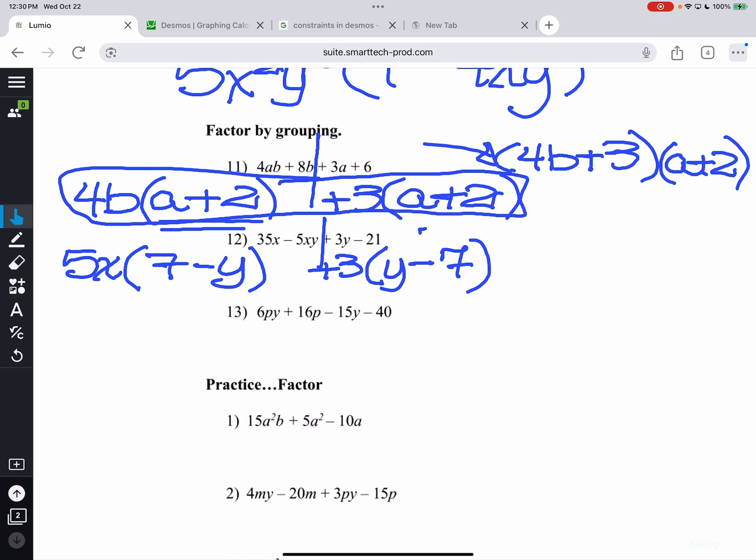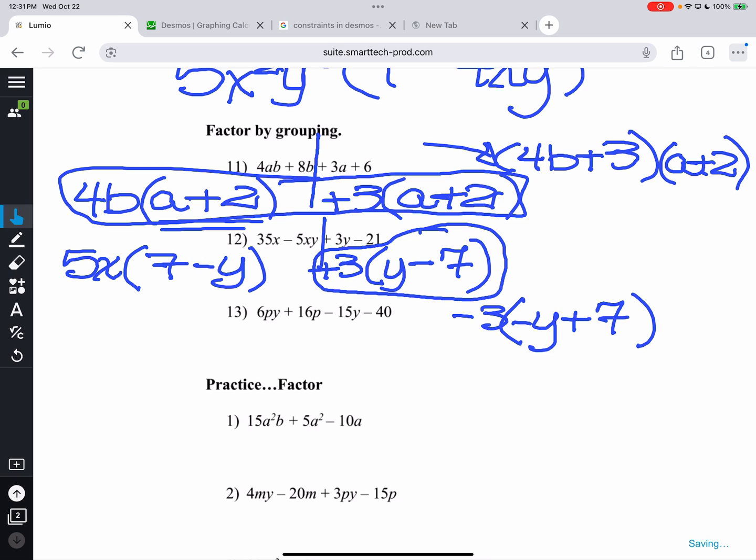So you take everything past that blue line, all of this, and we're going to multiply it by -1. In other words, instead of our greatest common factor being 3, we're going to make it -3. And that's going to change what's left behind. So if we say -3, what does the y become? Negative y. And what does the 7 become? +7.